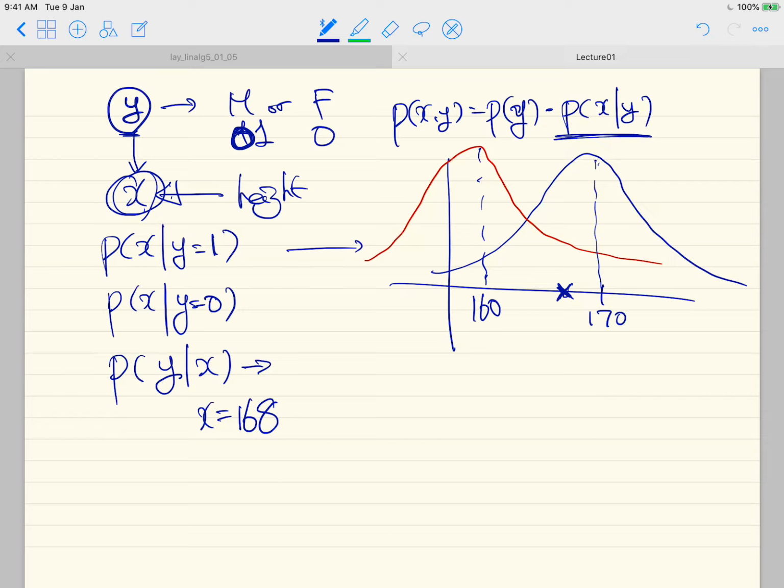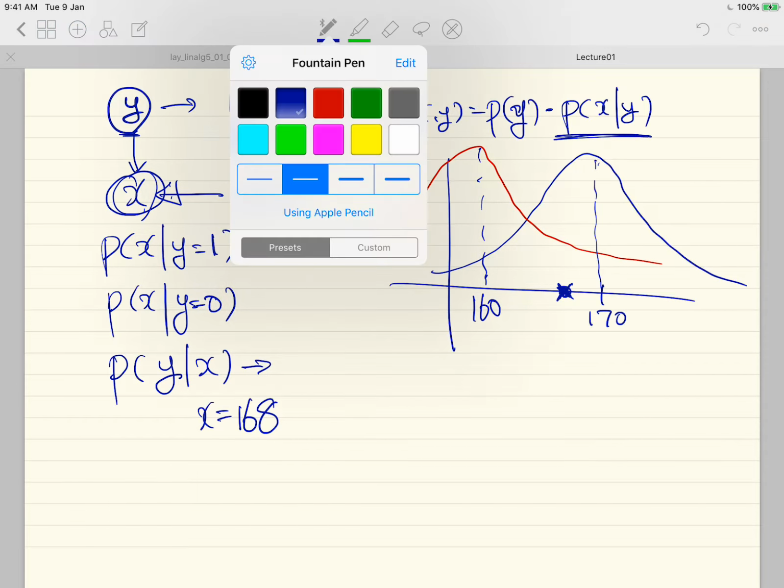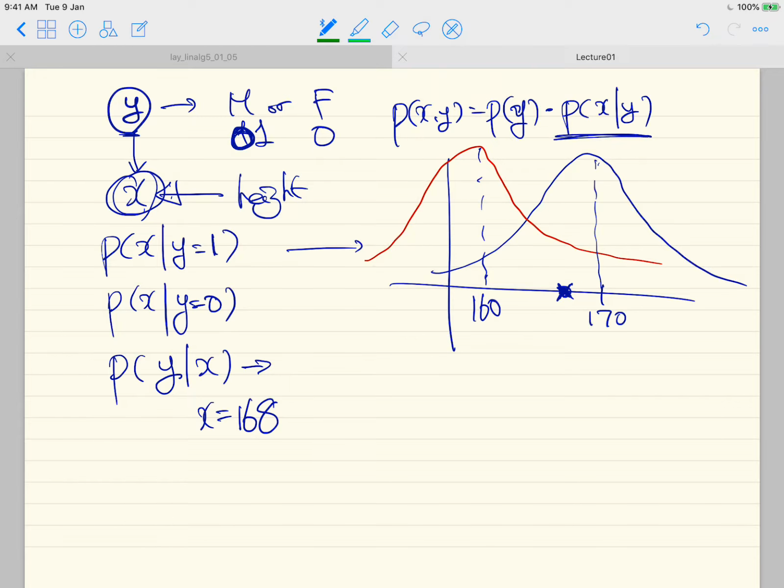168 is around here, right? And in this case we can see that the probability of observing this 168 when the label is given as male is about this much. And when this person is female, the probability will be something like this, right?